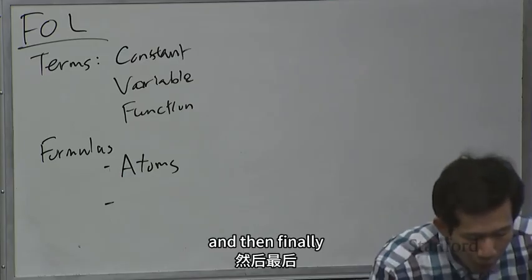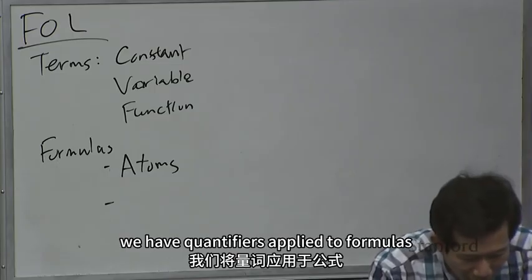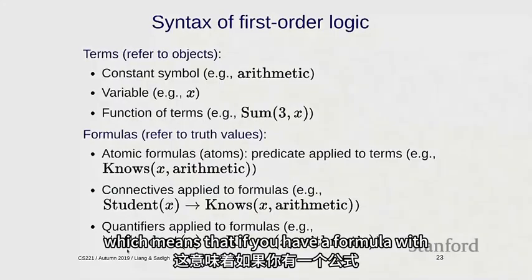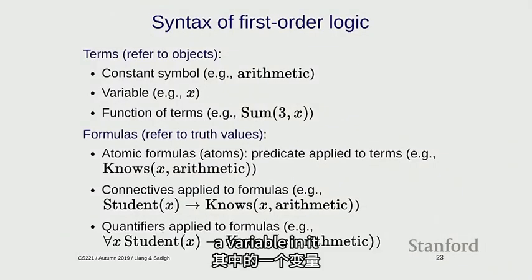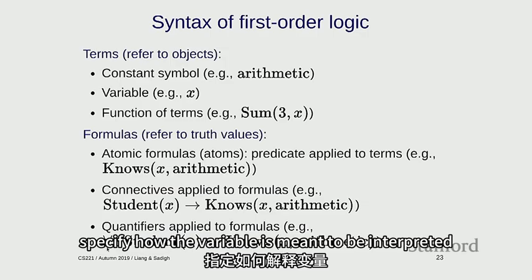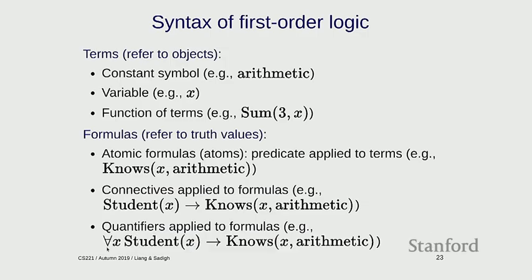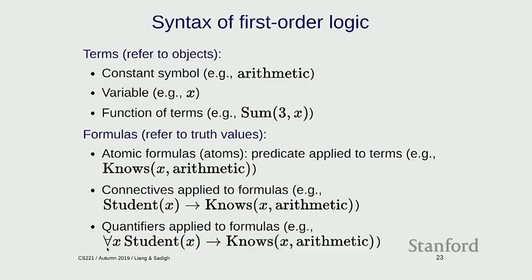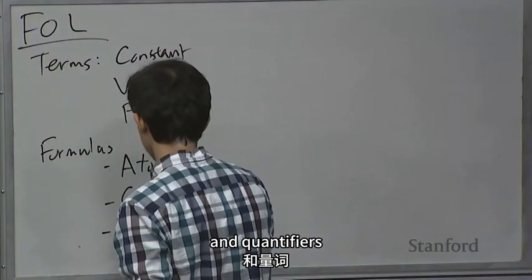And then finally, we have quantifiers applied to formulas, which means that if you have a formula with a variable in it, we can stick a quantifier over these variables to specify how the variable is meant to be interpreted. Okay, so connectives and quantifiers.